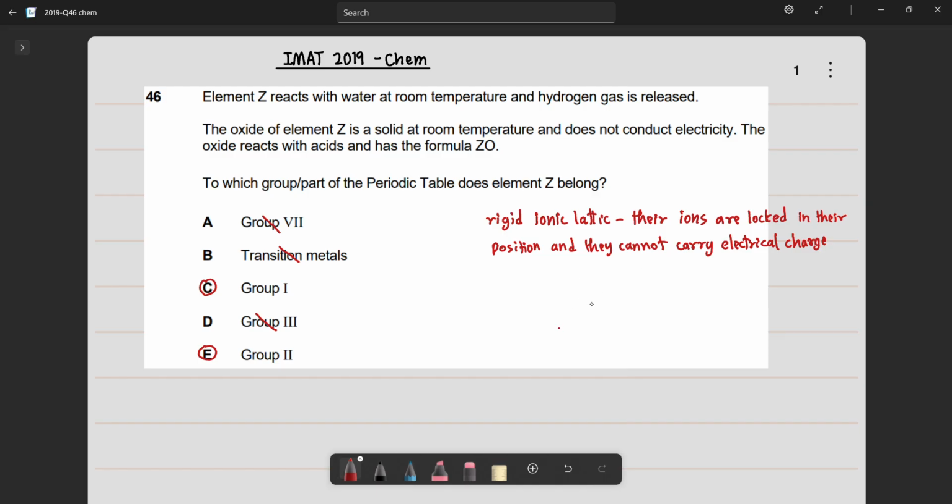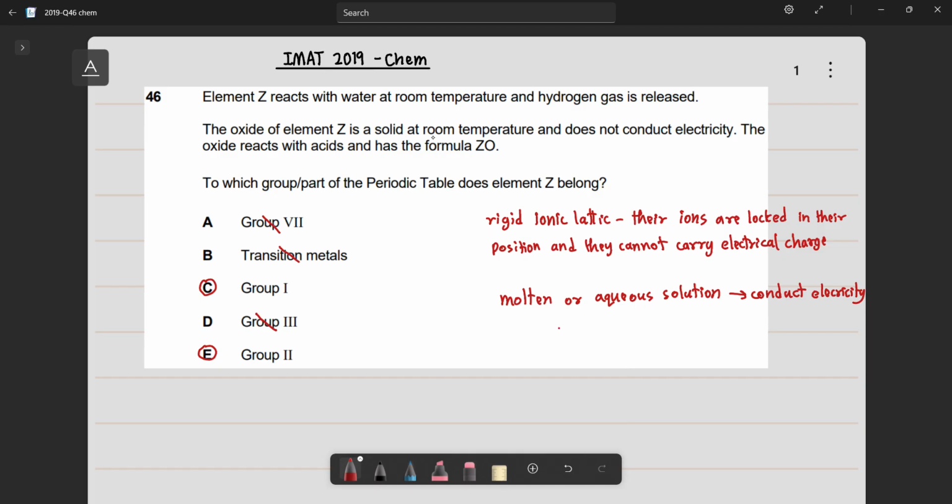The only way they can conduct electricity is in two conditions: if they're in a molten state, or dissolved in a solvent, mainly water, to form an aqueous solution. Only in these two conditions may they conduct electricity, even as oxides.